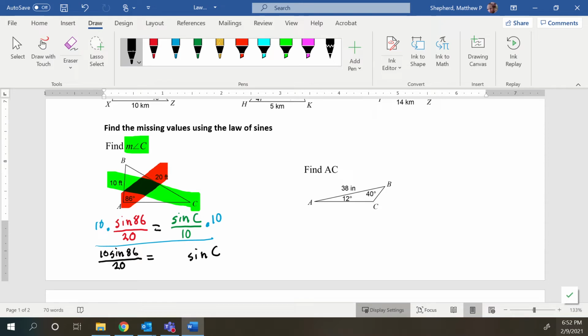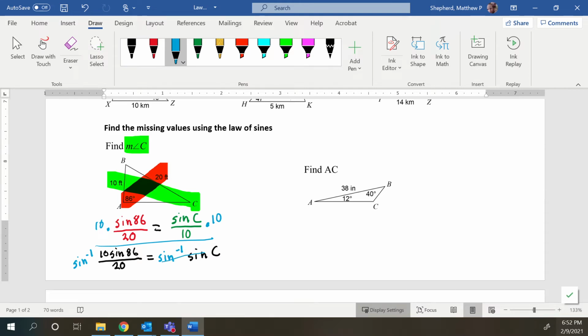Next, in order to get rid of sine, we're going to need to use the inverse of sine. So the inverse of sine is written like this: sine with a -1 that kind of looks like an exponent. It is not an exponent, it is just there to signify that this is the opposite of a sine. Now if I do the sine inverse to both sides, those two will eliminate.